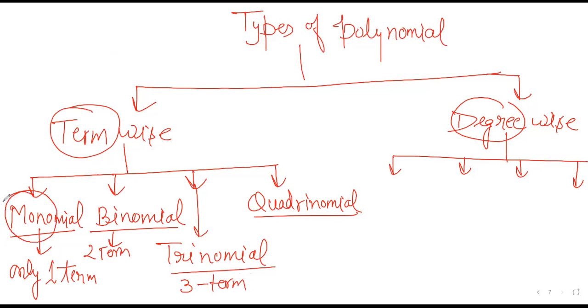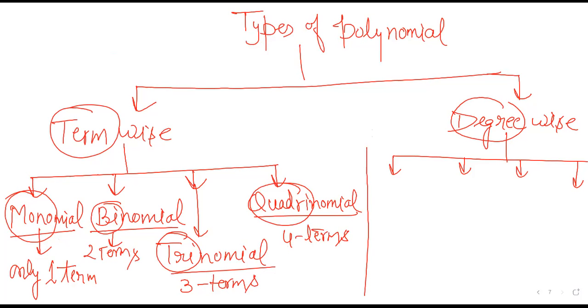From the name it is clear: mono means 1, bi means 2, tri means 3, quadri means 4 terms. These are the basic concepts regarding types of polynomial term-wise.